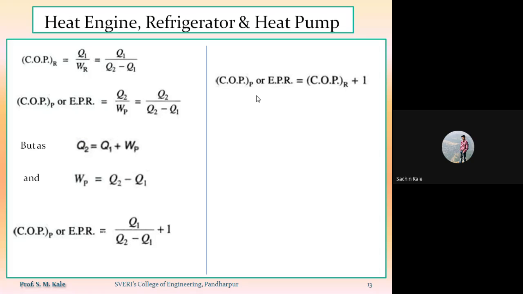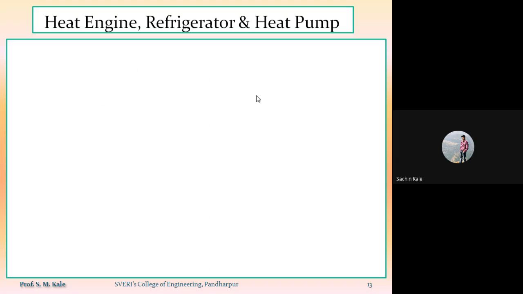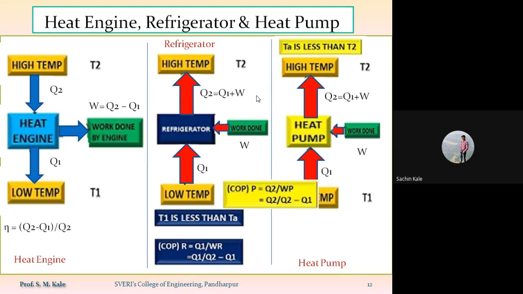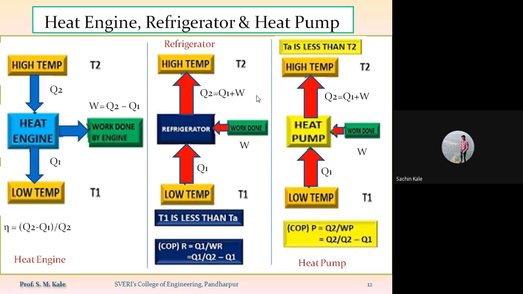Shall we continue? Yes, sir. So here we require to draw this diagram. I'll give 5 minutes. Within that 5 minutes, we have to draw all the 3 diagrams: heat engine, refrigerator, heat pump. Why am I asking you to draw this diagram? Because we have to solve the problems based on this also.